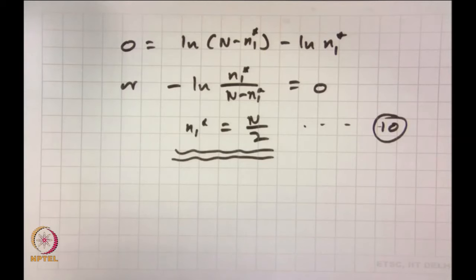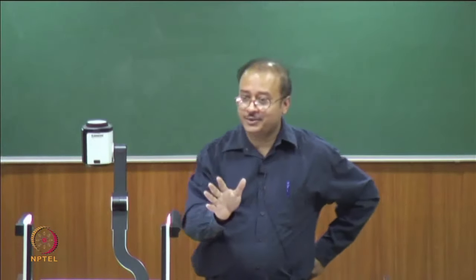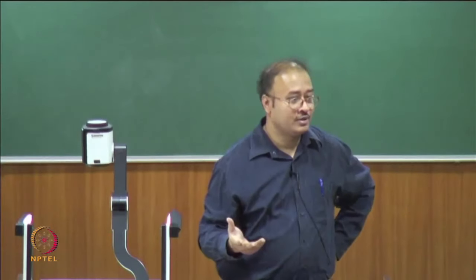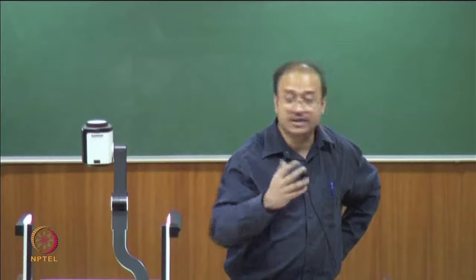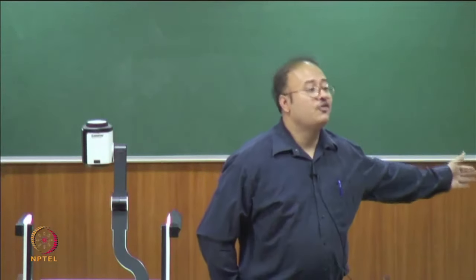Now, tell me, does this result make sense to you or not? See, think about it logically, it has to make sense, right? I have no bias in which direction I have to move. If I have a statistically significant number of steps taken and I have no bias, then what will happen?